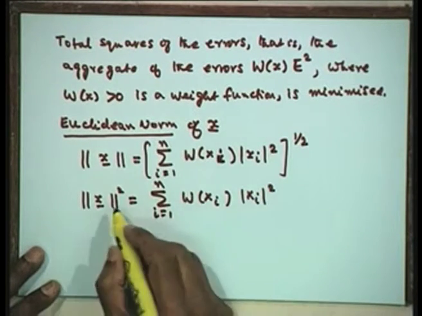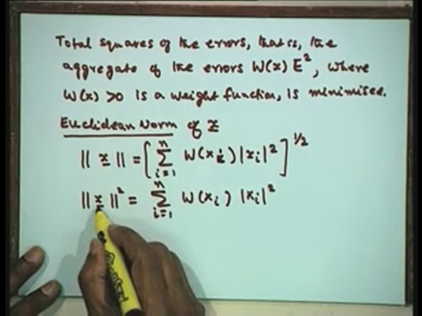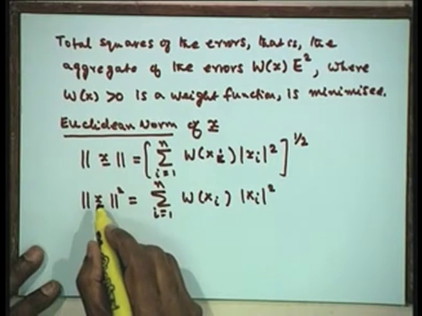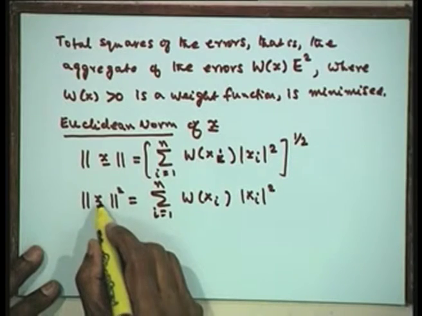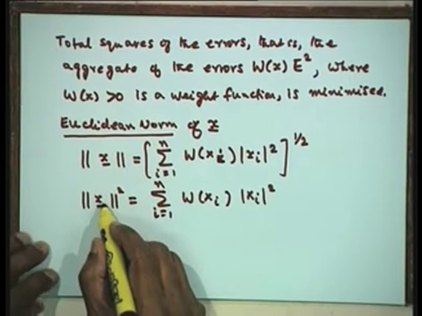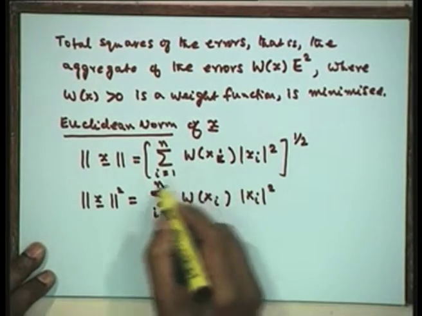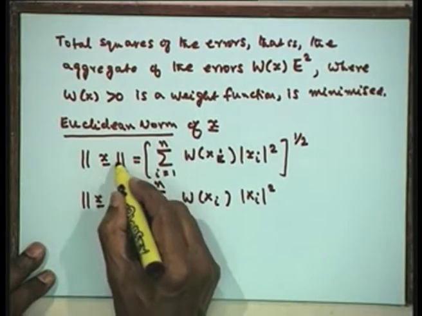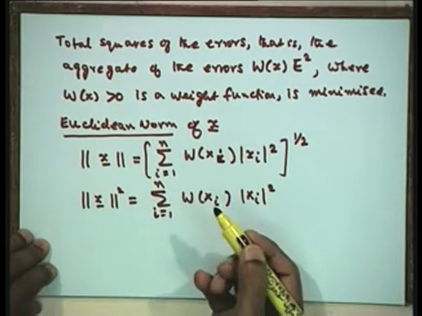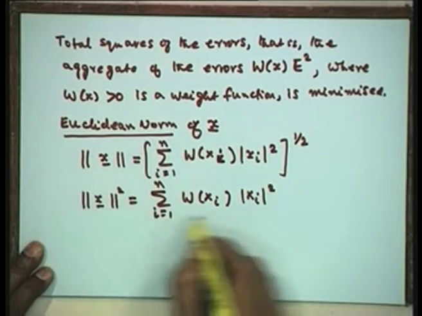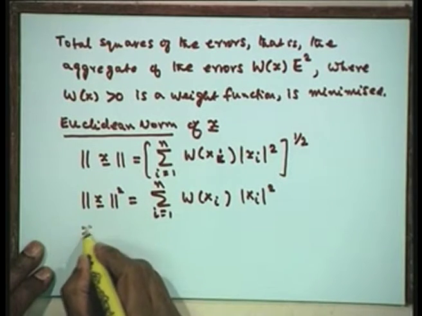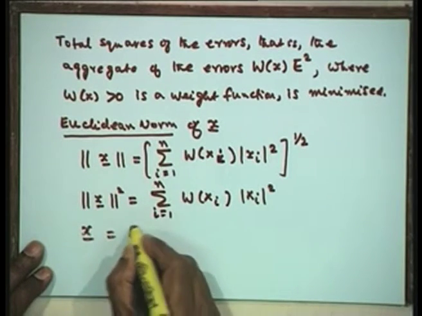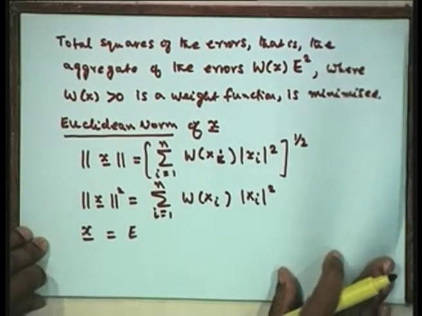Now, in our application this vector x is nothing but the error vector. So, this x is replaced by the error vector, and therefore, we are minimizing this particular quantity. If we are minimizing this norm, we are minimizing the square of it, both are the same. Therefore, our x in this application is our error vector E that we have here.